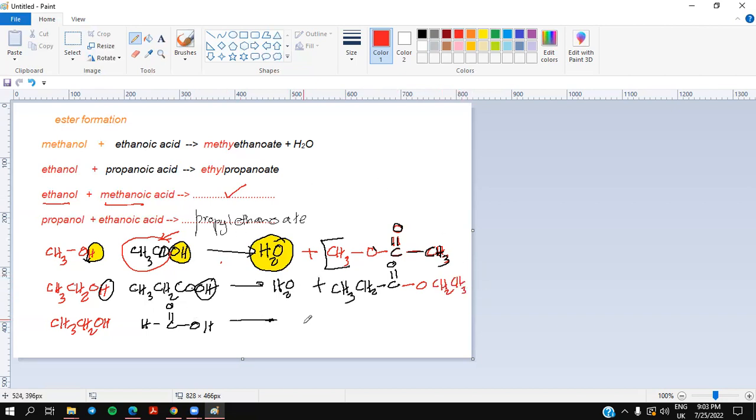I'll do the same way for the last one also. First, I will write the carboxylic acid part. Carboxylic acid part is HCO. And now I go to the alcohol part. Alcohol part is CH2CH3.